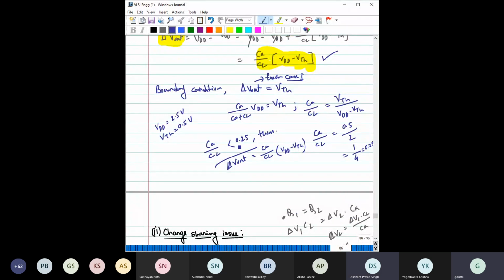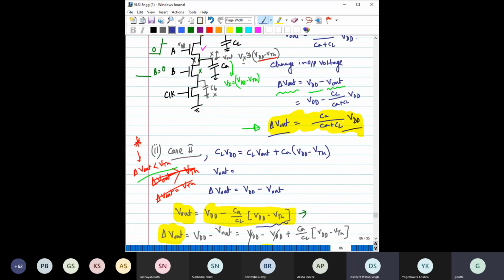When CA by CL is much less than 0.25, that means CA is quite small. The ratio is 1 by 4, so when the CA by CL ratio is even smaller than this, CA is much smaller, then case 2 is going to happen, where the voltage rise may be so high that it reaches VDD minus VTH, which will turn off this transistor.